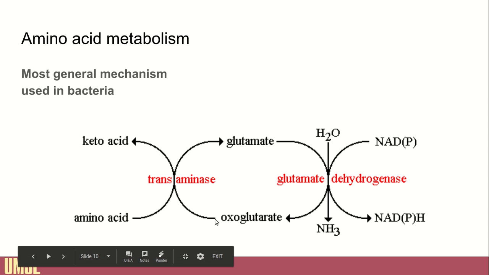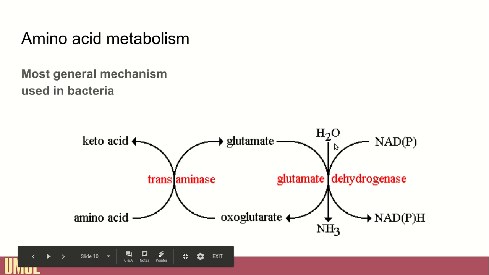And what happens is that transaminase uses this intermediate oxoglutarate and turns that into glutamate. And oxoglutarate is essentially alpha-ketoglutarate from the citric acid cycle.